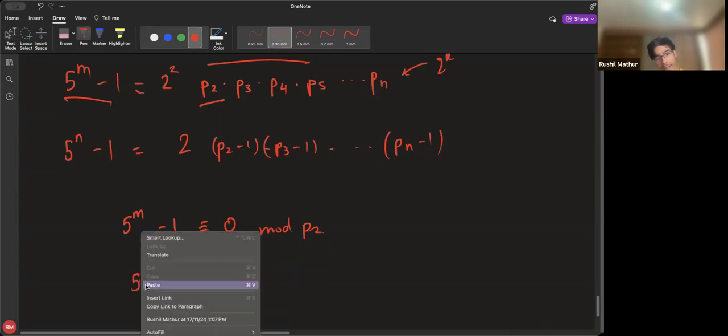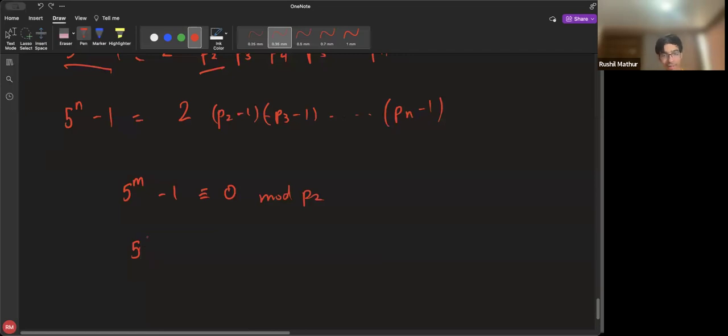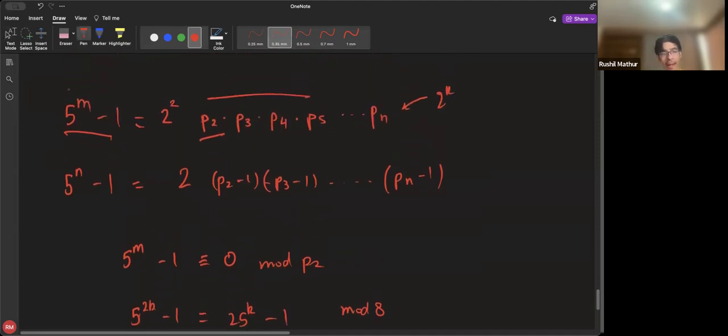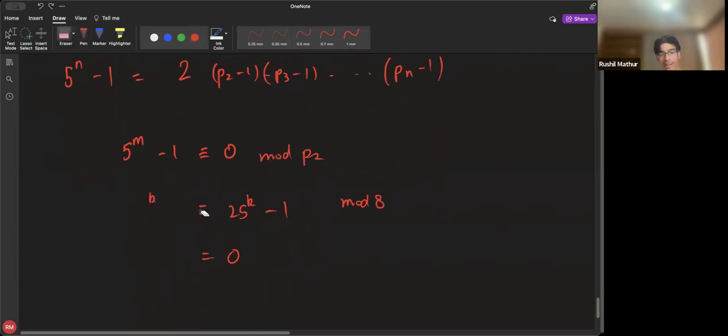We get phi to the 2k minus 1, which is 25 to the k minus 1, which mod 8 is equal to 0 because this is 1 to the k minus 1 mod 8. So if m was even, then this would actually be divisible by 2 cubed, which is bad. So m has to be odd.